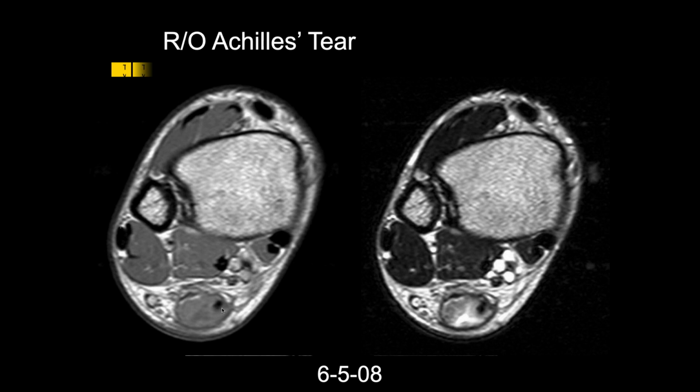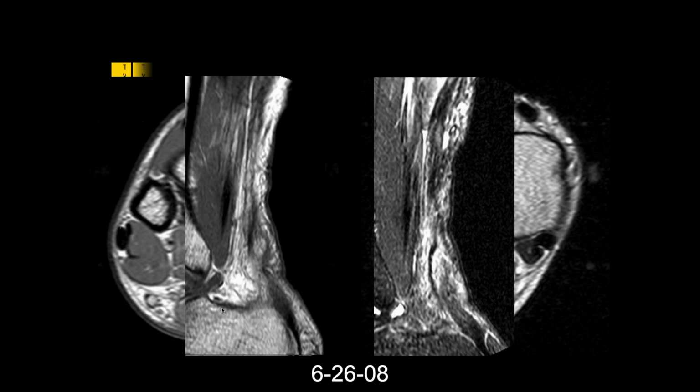It's fabulous to watch. It's very interesting when you do that. Okay. It's almost like it was created for that purpose. That's if you operate on these things. Okay. So this is 6508. The patient came back, and this is 62608. So, 3 weeks later.